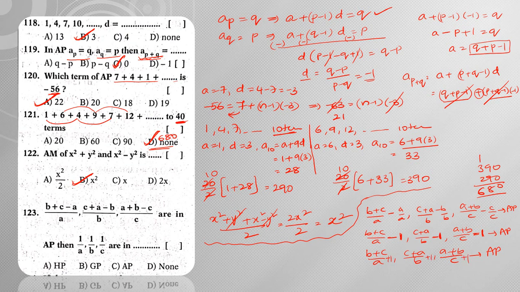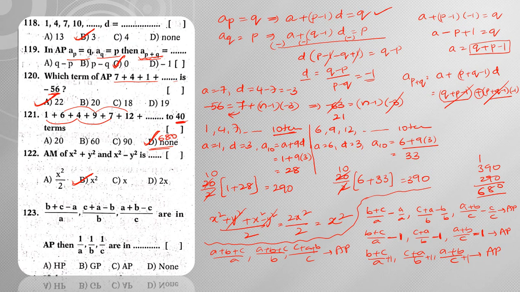Then what am I going to get? b plus c by a plus 1, c plus a by b plus 1, a plus b by c plus 1. Again, how can I write it? This is b plus c plus a, that means a plus b plus c by a, comma, a plus b plus c by b, comma, c plus a plus b by c. Again these will be in AP.